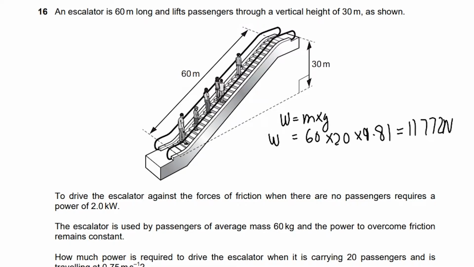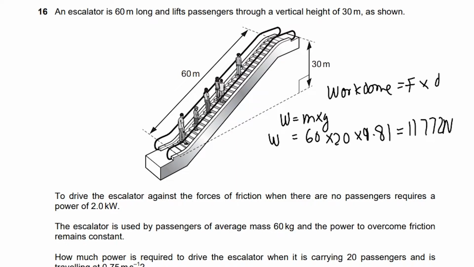The formula to calculate work done is force multiplied by distance in the direction of force. Now what the escalator is doing is that it is doing work against gravity. It is moving passengers against gravity. They're being raised vertically to a height 30 meter above the ground.